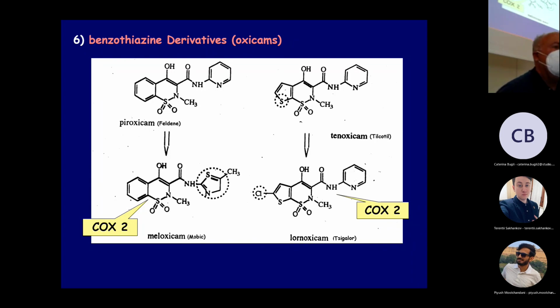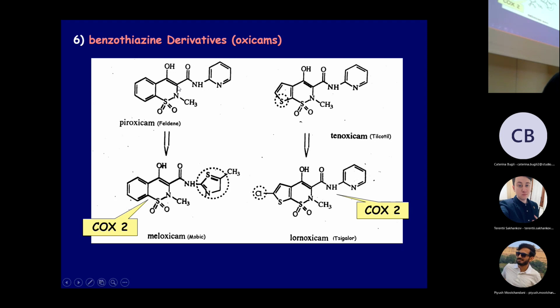If you remember, two rings, an aromatic ring without any substituents. On the other, you can see different heteroatoms, but in particular, you see this OH function with a double bond.